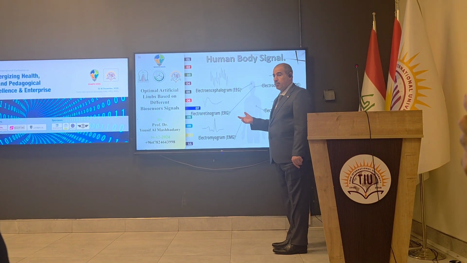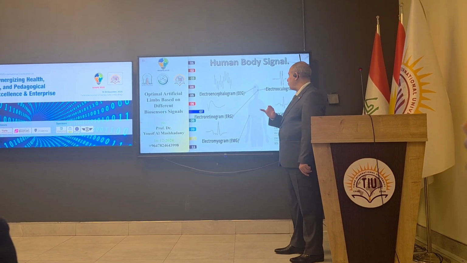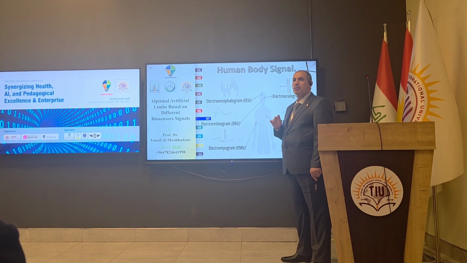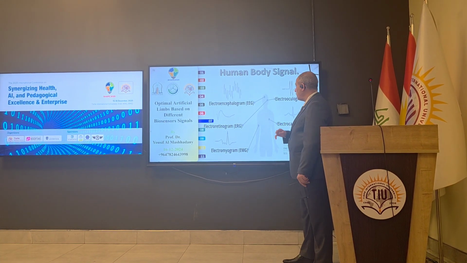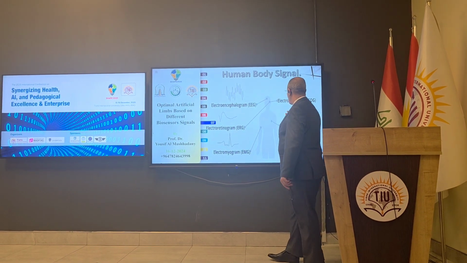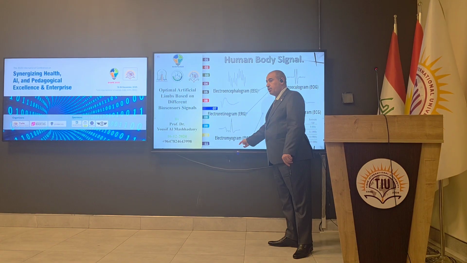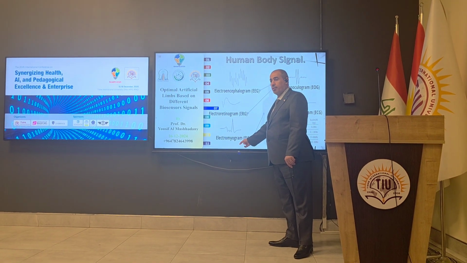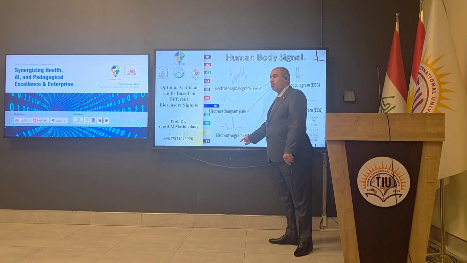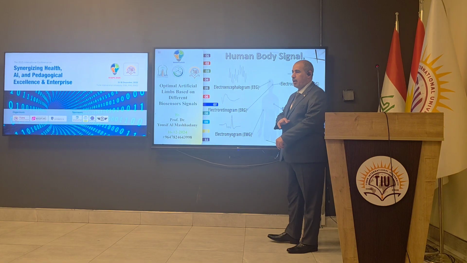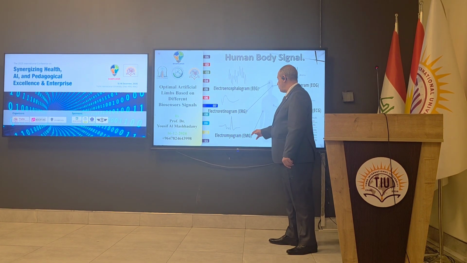In the human body, we have four types of electrical signals. Electromyography signal, EMG, this is generated from muscles, and we can detect it on the human skin.